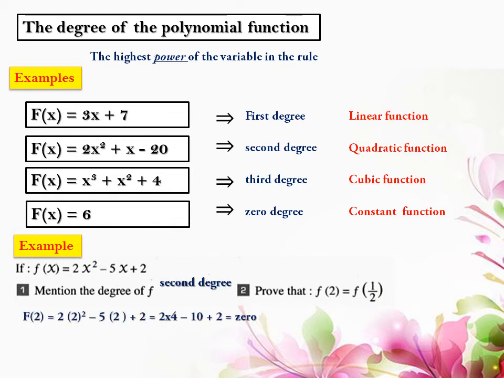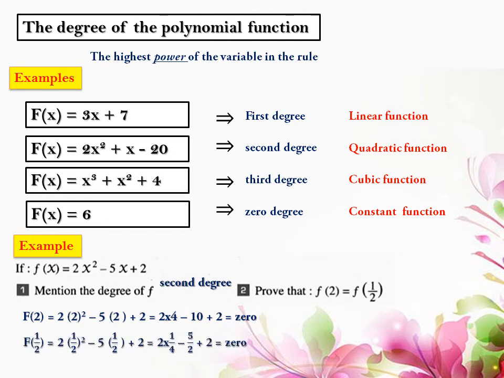Firstly, f of 2, we replace x by 2: 2 times 2 in brackets with the power outside, 2 power 2, minus 5 times 2 plus 2. 2 power 2 is 4, 2 times 4 equals 8, 8 minus 10 equals negative 2, plus 2 equals 0.